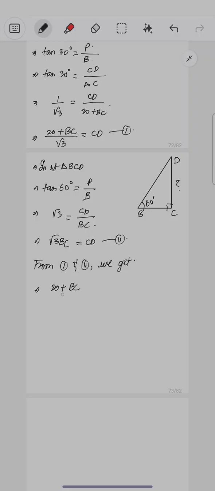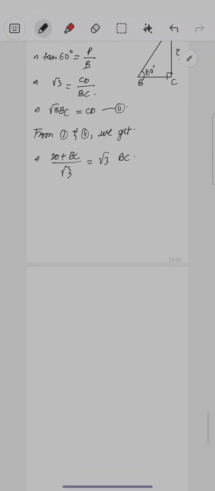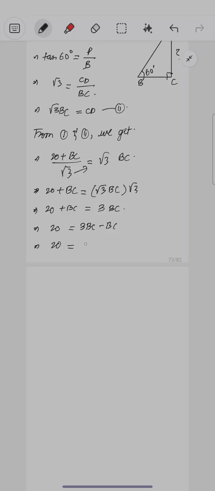20 plus BC by root 3 equal to root 3 BC. Means CD is on the right hand side, so the left hand side will be automatically equal. 20 plus BC equal to root 3 into root 3 BC, which is 3 BC. 20 equal to 3 BC minus BC, 3 BC minus 2 BC.